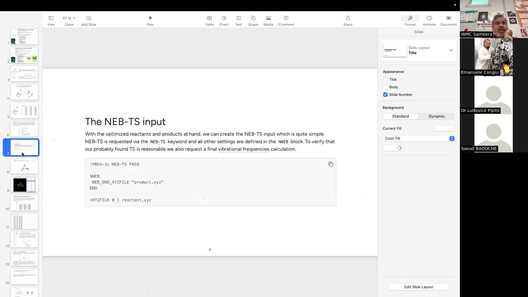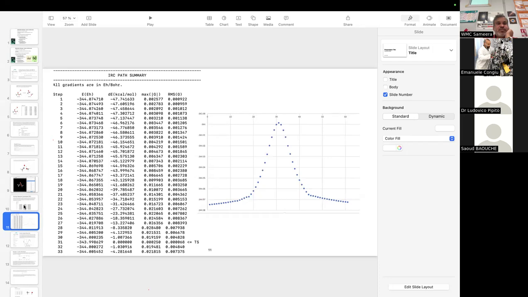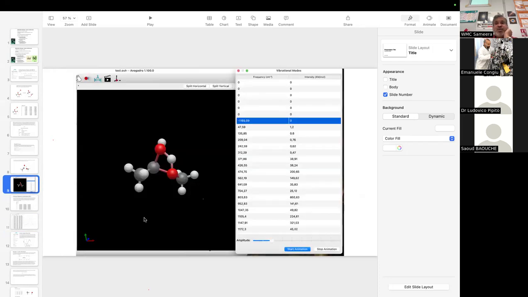And then you simply run the NEB calculation, and after running it, you will get the transition state, and you will find the imaginary frequency. You can always look at it and make sure that the vibrational motion shown for this imaginary frequency corresponds to the reaction you really want to compute.